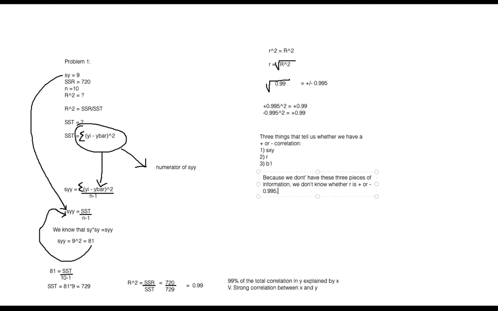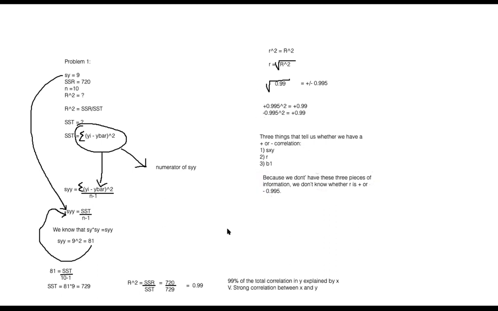So that is very important, right? So we can find R squared easily from Pearson's R, but it's not as easy to find Pearson's R from R squared because we simply will not know whether it is plus or minus.